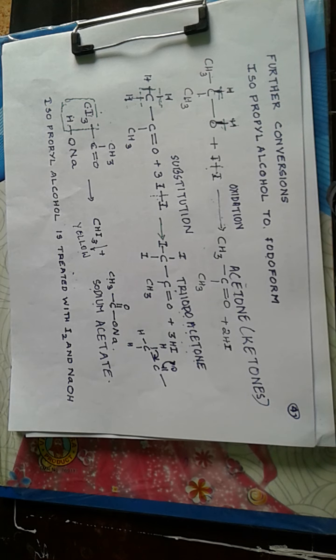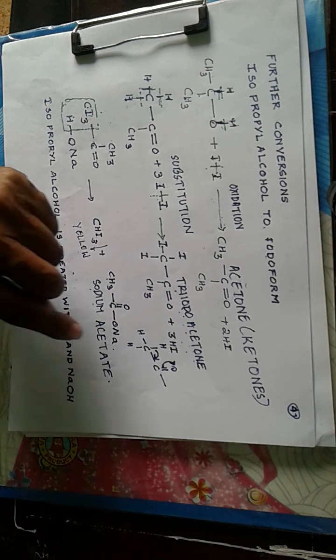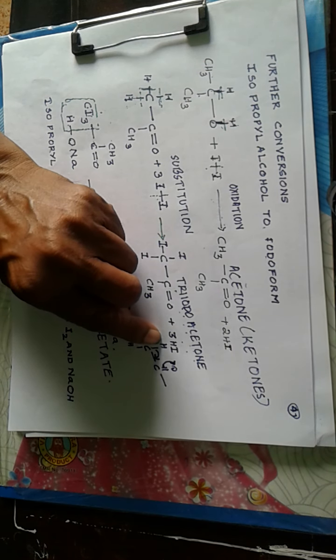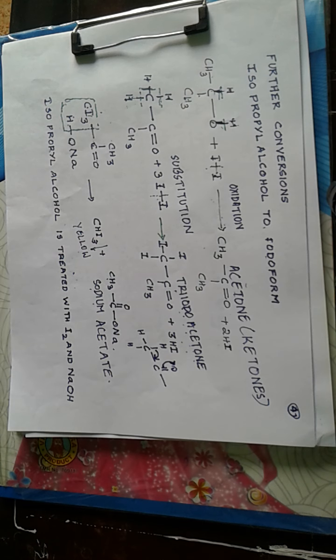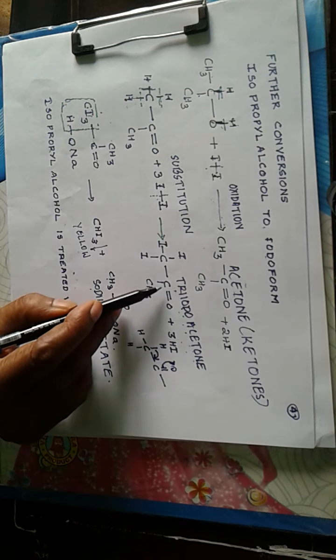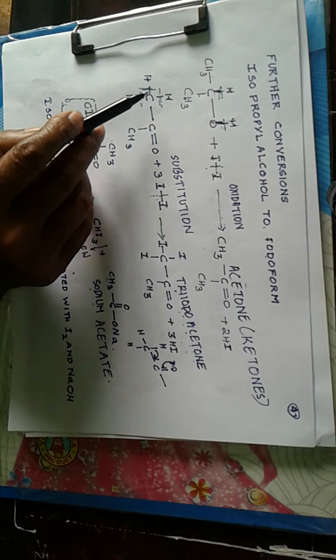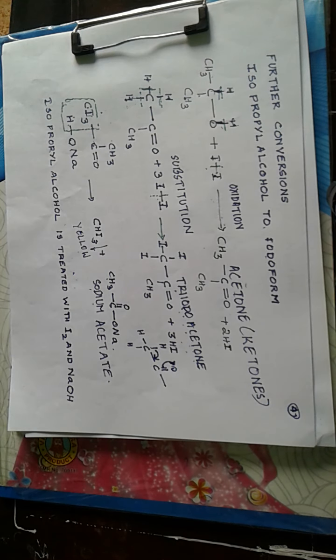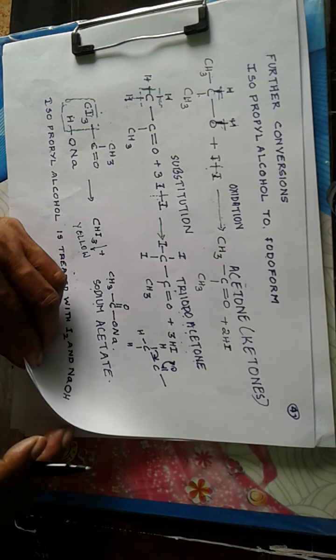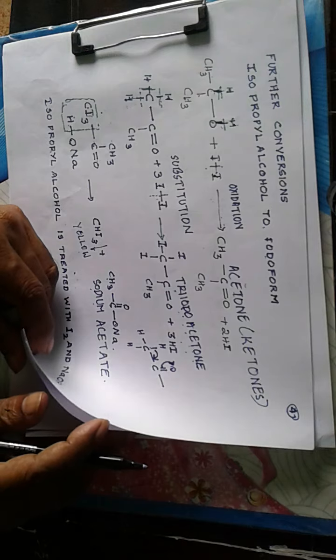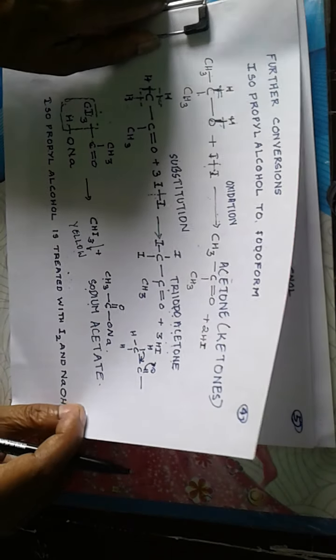So it is a type of hyperconjugation, so that the hydrogen atom has a polar character due to the presence of the adjacent ketonic group here, so that these hydrogen atoms may be easily replaced by iodine atoms. So that's the preparation of iodoform from isopropyl alcohol.